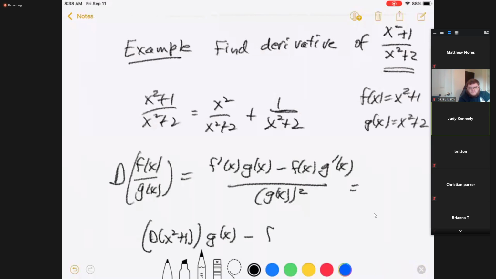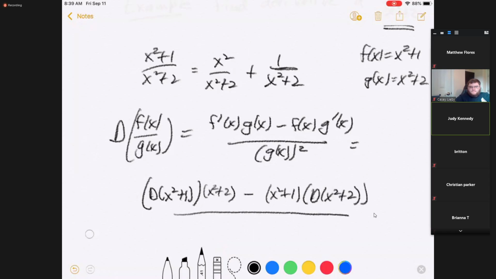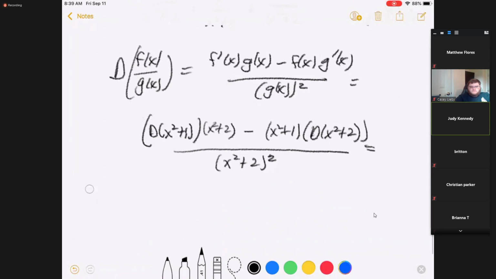Why don't I go ahead and put the function in? Times g, which is just x squared plus 2, minus f unchanged, times the derivative of g, all over x squared plus 2 squared. Okay, because that's g of x squared.